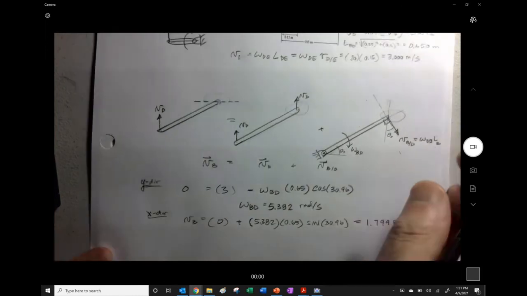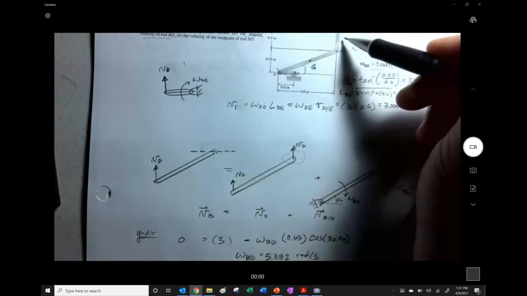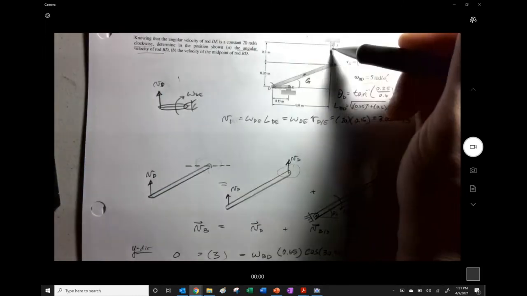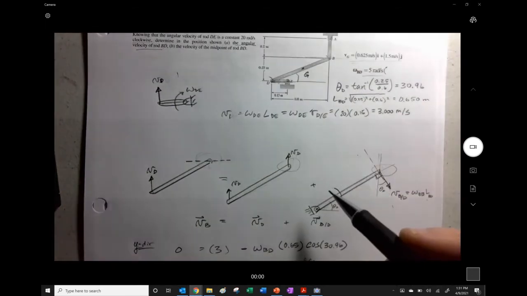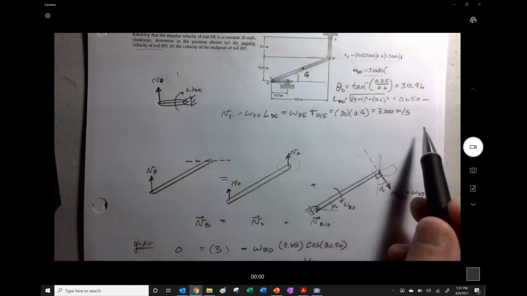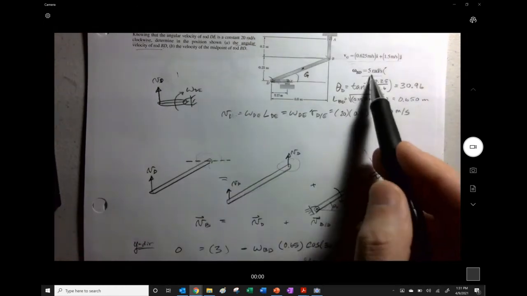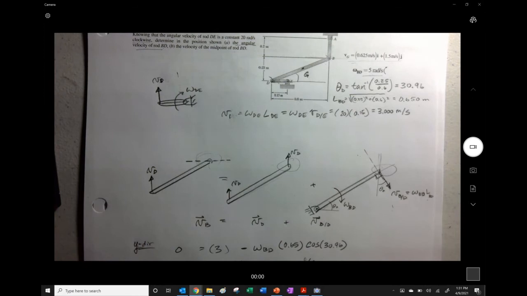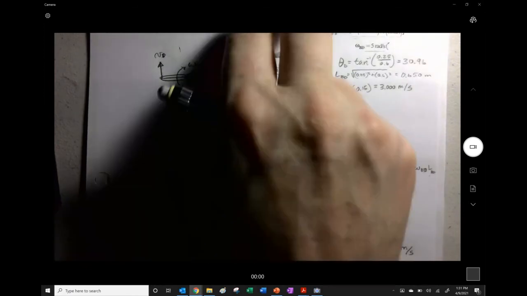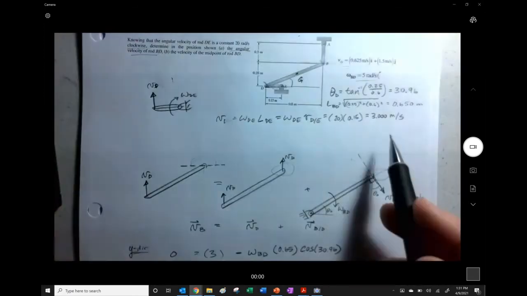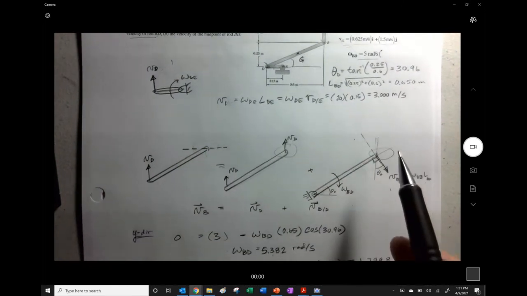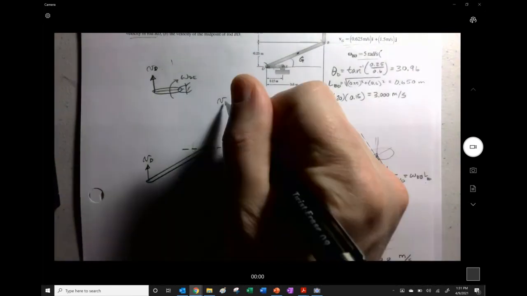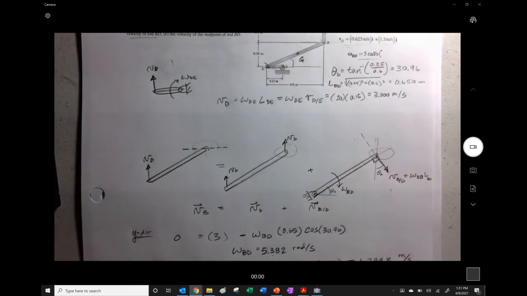And then I could go down to my other little piece right here, taking a look at that rod. I should have gotten 5 radians per second. So that's a little upsetting that I didn't get 5 radians per second. So maybe I need to check that. Maybe they got it wrong, or maybe I made a mistake somewhere. This is often the case that I make mistakes.